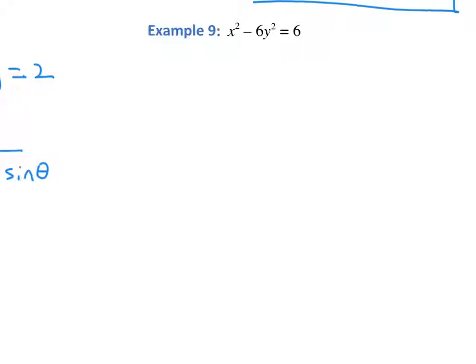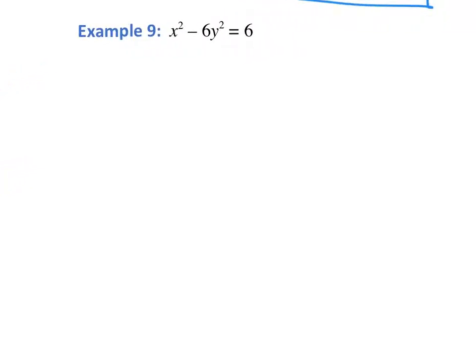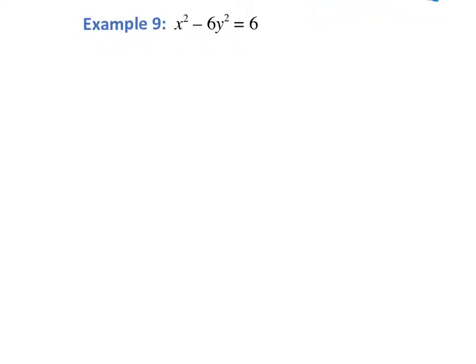Are you good? All right, so last one then. For this, you are given your x squared and your y squared. Same concept that we've been doing, change the x squared to your r cosine theta squared, which I'm just going to write as r squared cosine squared theta, minus 6 times r squared sine squared theta, equal to 6. All right, ideas.